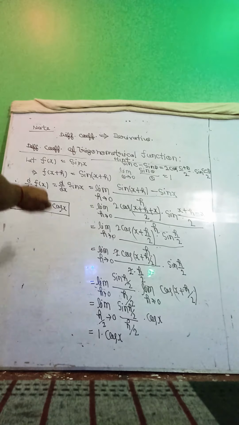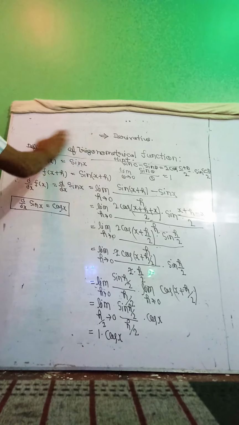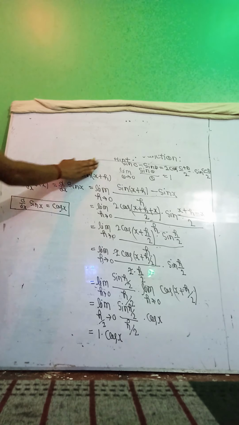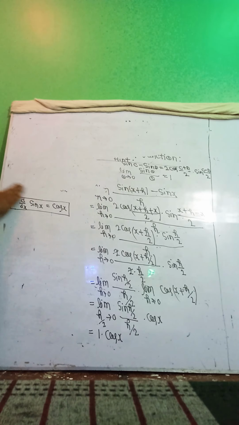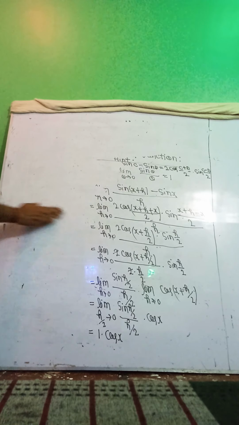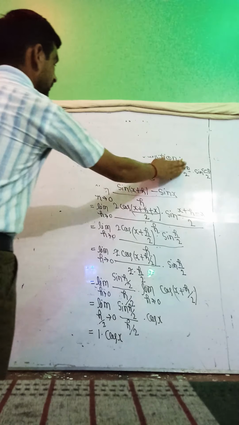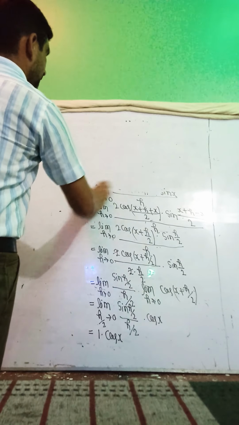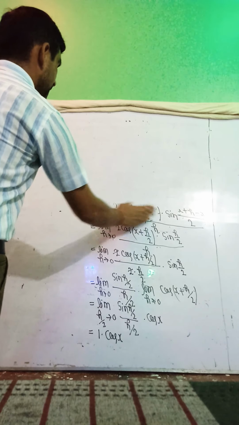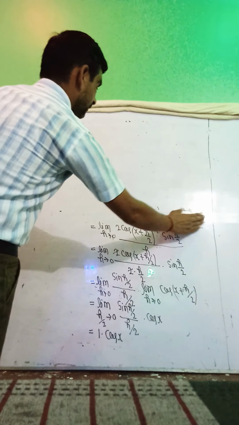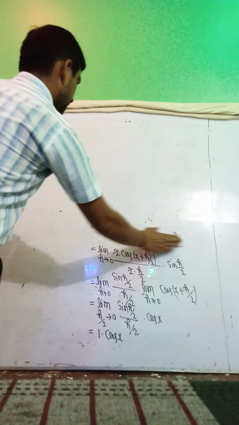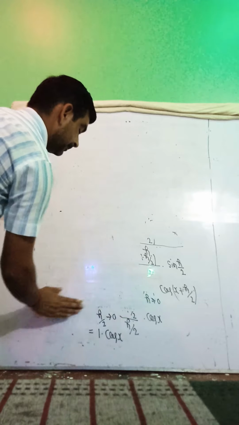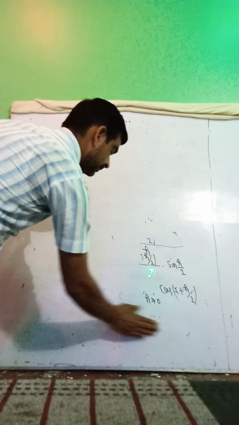Similarly, you can find differential coefficient of cos x, differential coefficient of tan x, differential coefficient of cosec x, differential coefficient of sec x, and differential coefficient of cot x.